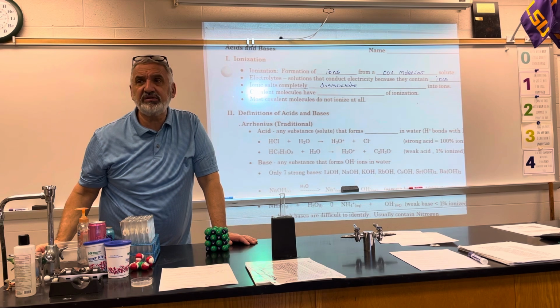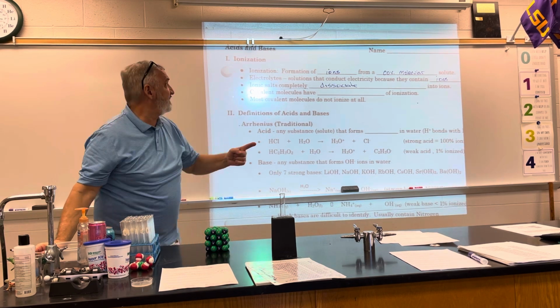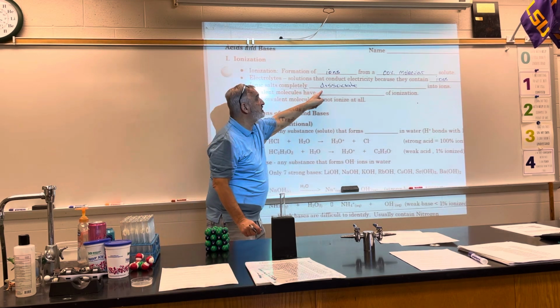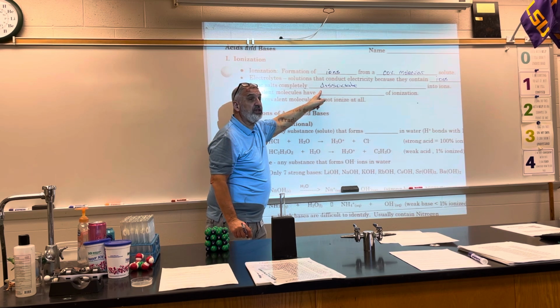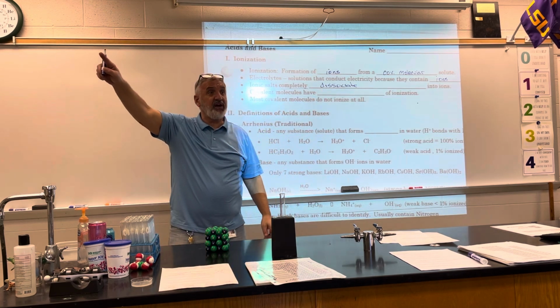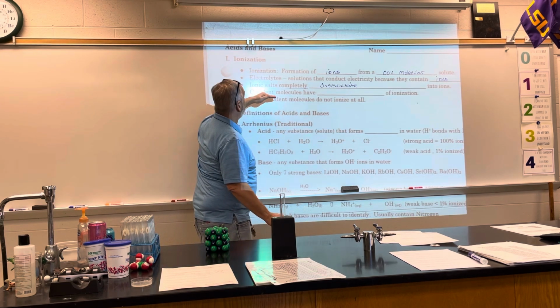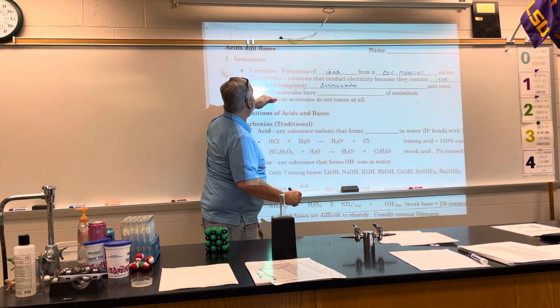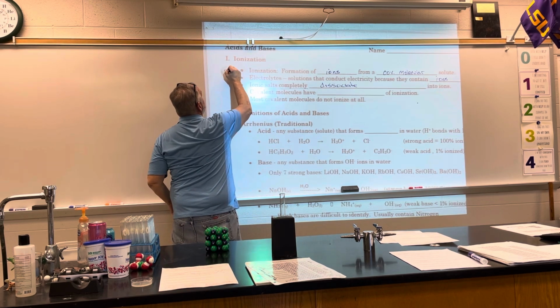Three different types of solutes that are electrolytes. Salts, because they completely dissociate into ions. Acids and bases. Bases are really just a special type of ionic compound. But acids are covalent molecules that ionize. So this is really generally only acids that do this.